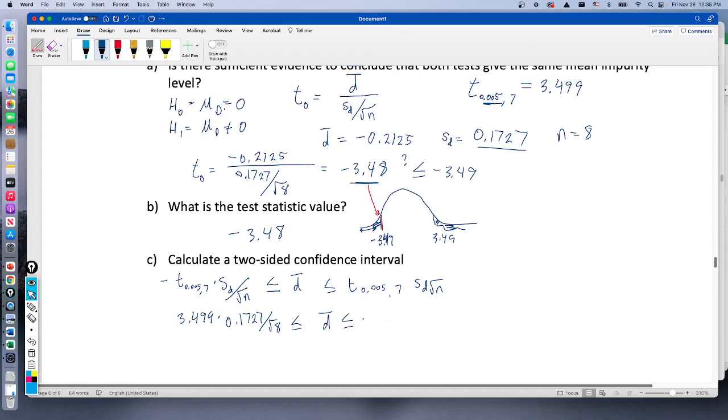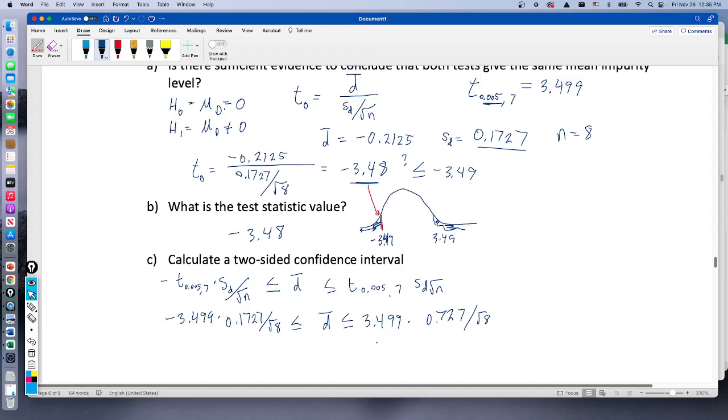And do the same thing here: 3.499 times 0.1727 divided by the square root of 8. This will be the negative side, that'll be the positive side.